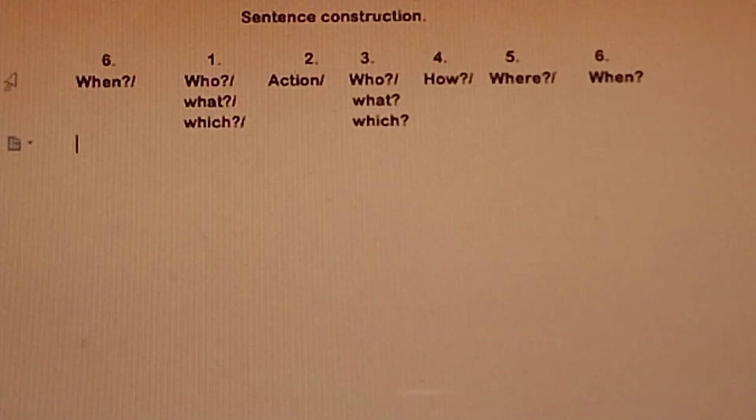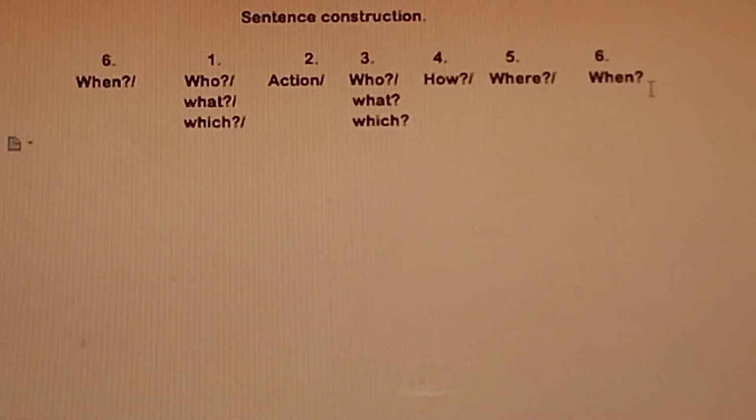Now that when could start the sentence, or it could also end the sentence. As I said, 6 here and 6 here, so 6 to 6. When could start and when could end. So I can say, last week I went to the supermarket. I went to the supermarket last week. I hope you understand that.